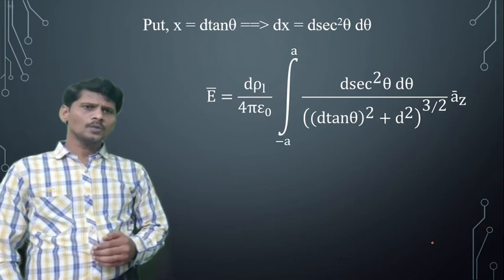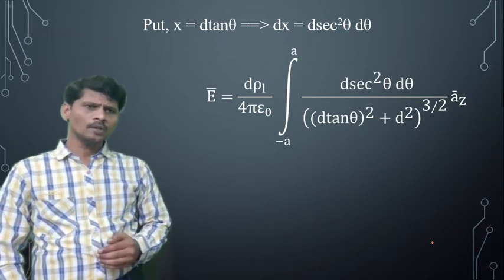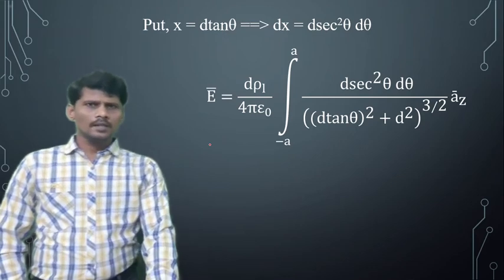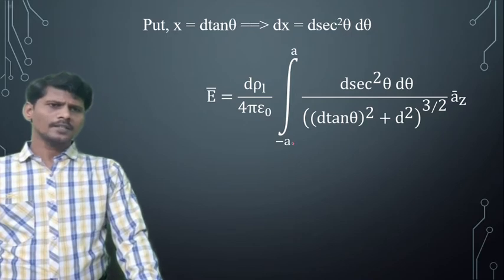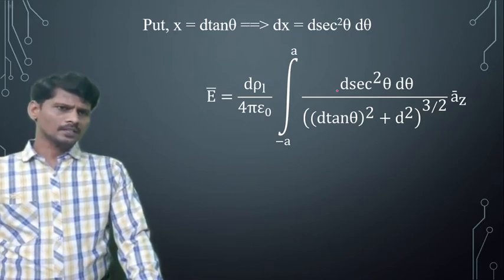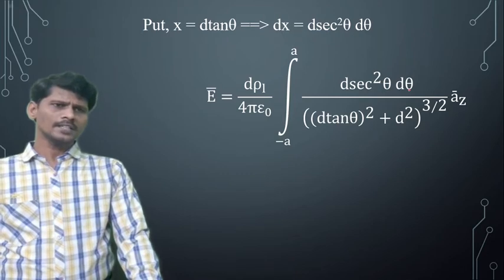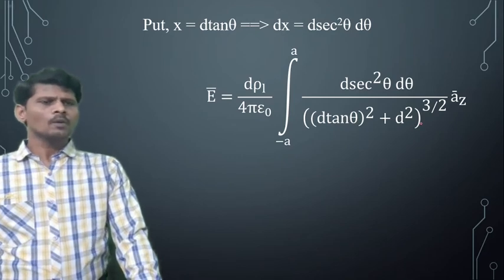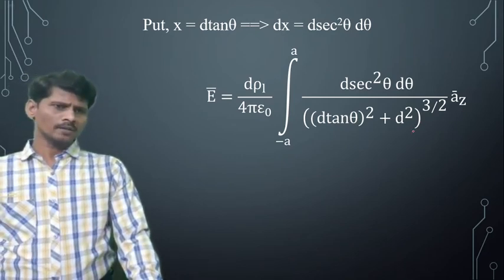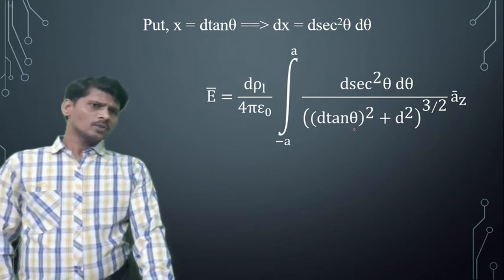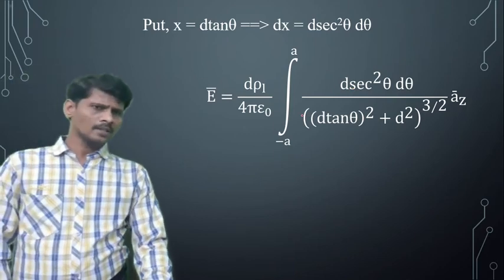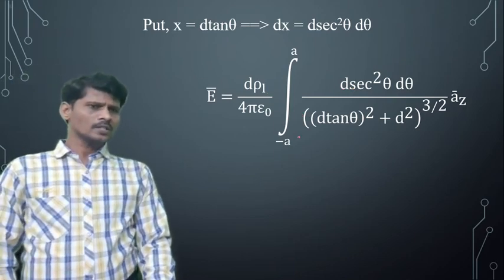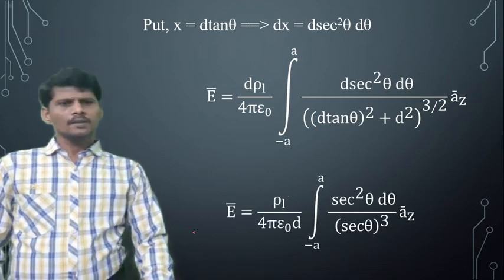Substituting the x value and dx value into the above expression, we get the electric field intensity E bar is equal to d into rho L by 4 pi epsilon naught integral from minus a to a of d secant square theta d theta by ((d tan theta) whole square plus d square) whole to the power of 3 by 2 into az bar. In the denominator, d square is common, so d square whole to the power of 3 by 2 is d cube, and in the numerator and denominator d into d square is cancelled.